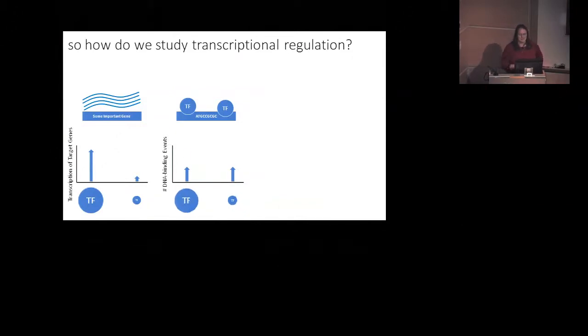And we may do the exact same sort of knockouts and overexpressions in ChIP data. And all the while we're trying to decipher from this which transcription factors are important for binding to which regulatory elements, and how do those then control particular target genes.